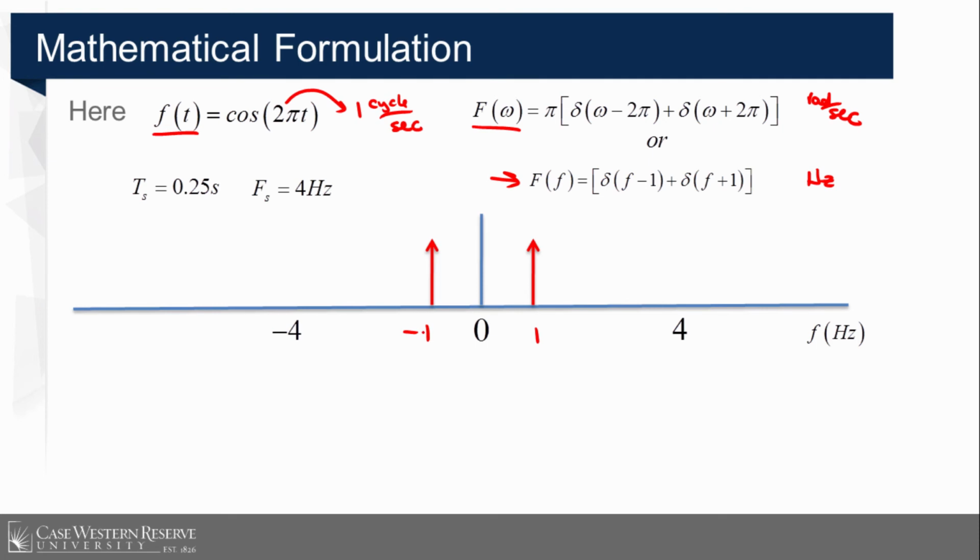Okay, so we remember in our arrow rotating problem that we used a sampling interval of 0.25 seconds, which corresponded to a sampling frequency of 4 hertz. And so we're going to have replicas of our delta peaks, which are centered around 4 hertz.